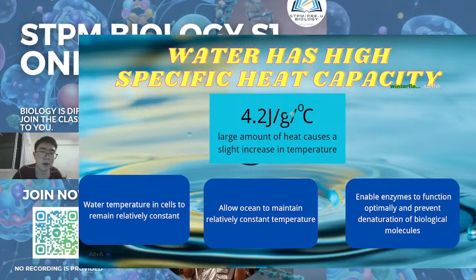If you still remember, specific heat capacity is the amount of heat required to increase the temperature of 1 gram of water by 1 degree Celsius. So 4.2 joules is the energy required to increase 1 gram of water by 1 degree Celsius. That is very high already. So it requires a large amount of heat to cause water to increase in temperature.